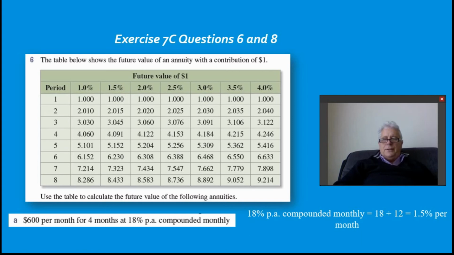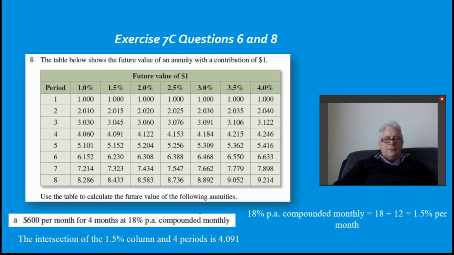So that's our interest rate. So we have to look at the 1.5% column. And with the question, that means we'd be looking at monthly. There are 4 months, so the number of periods is 4. And we have to find then the intersection of the 1.5% column and the 4 periods, which is 4.091.